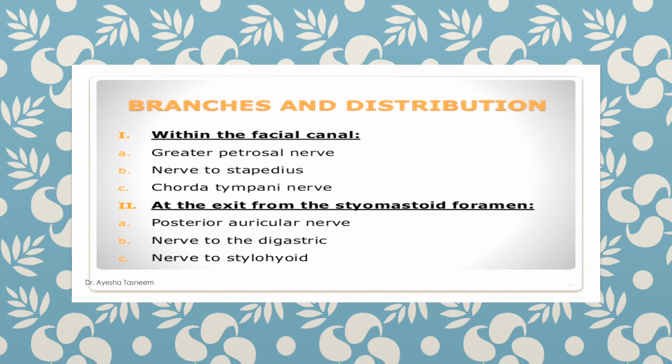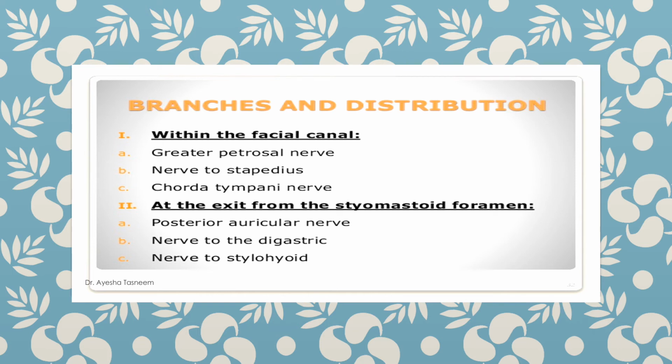The greater petrosal nerve carries gustatory and parasympathetic fibers, arises from the geniculate ganglion of the facial nerve and enters the middle cranial fossa through hiatus for greater petrosal nerve on the anterior surface of the petrous temporal bone. It proceeds towards the foramen lacerum, where it joins the deep petrosal nerve, which carries sympathetic fibers to form nerve of pterygoid canal.